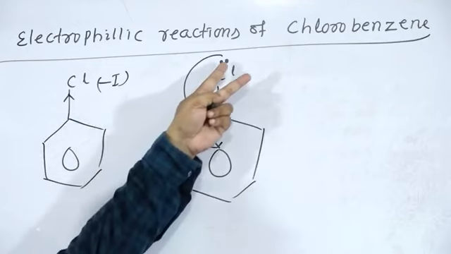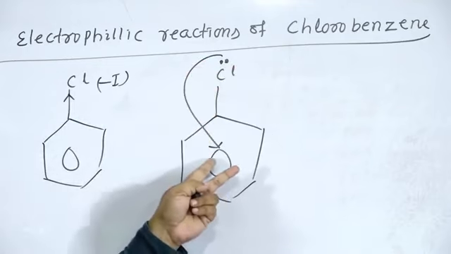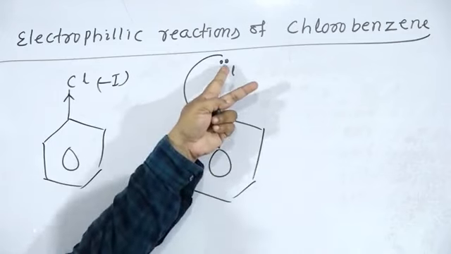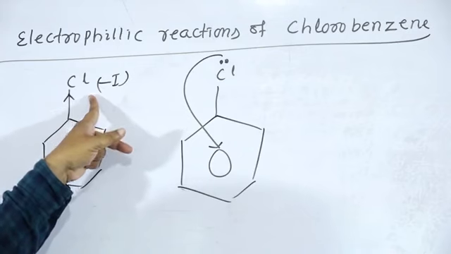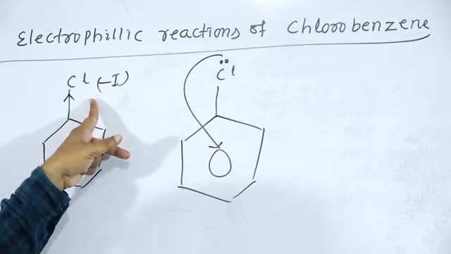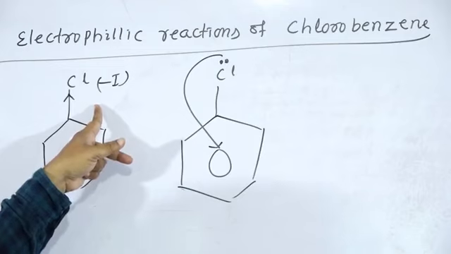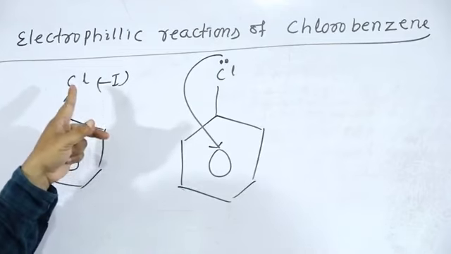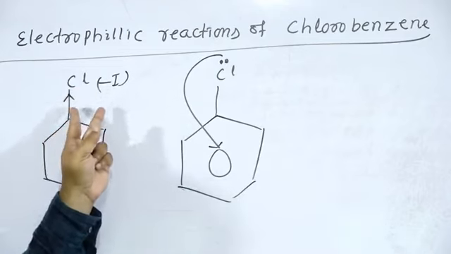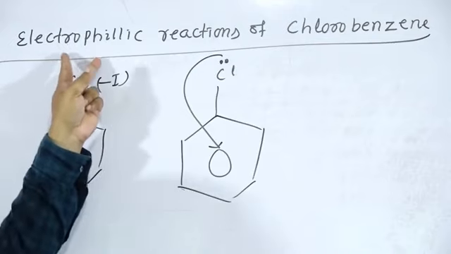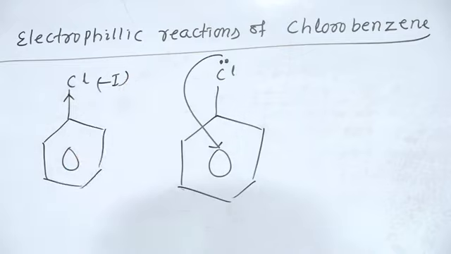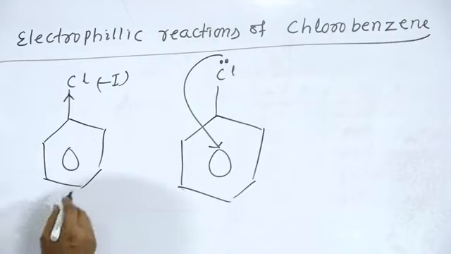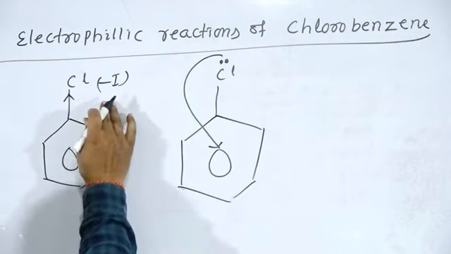Resonance increases electron density in the ring because the chlorine atom contains a lone pair of electrons. But the chlorine atom is an example of a minus I group, which will withdraw electron from the ring and decrease electron density in the ring. Therefore, the halogens in the benzene ring are electron withdrawing groups, that is minus I groups.